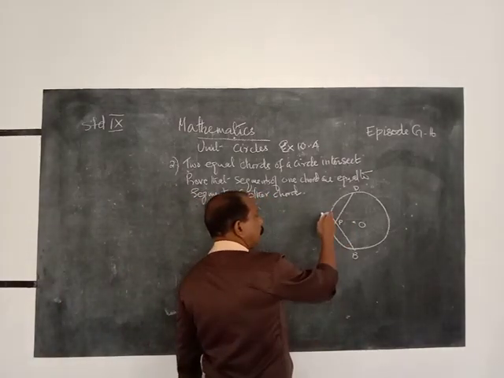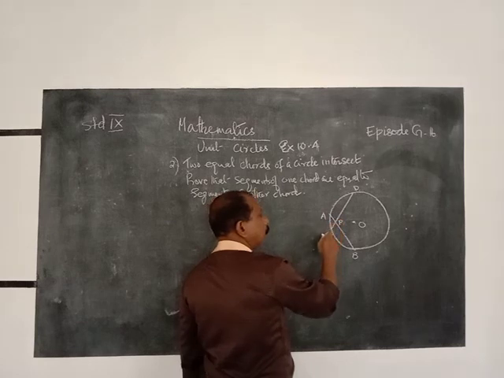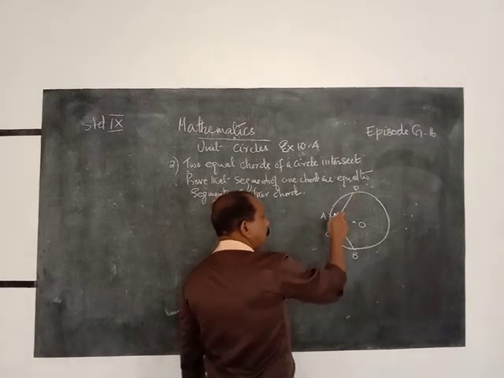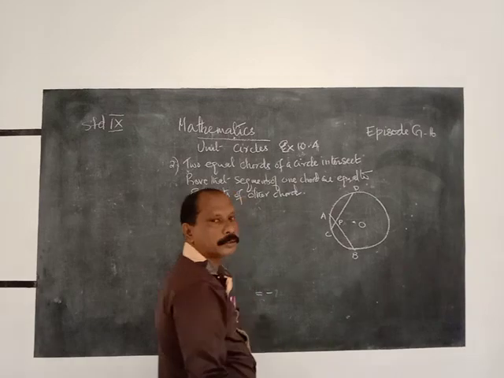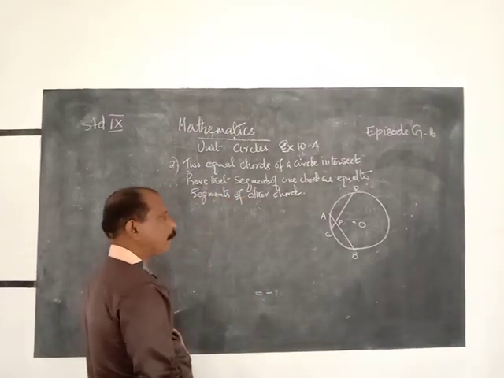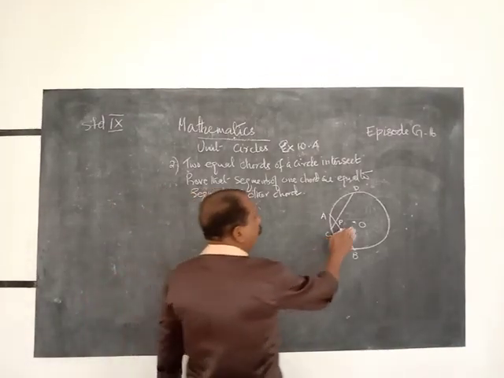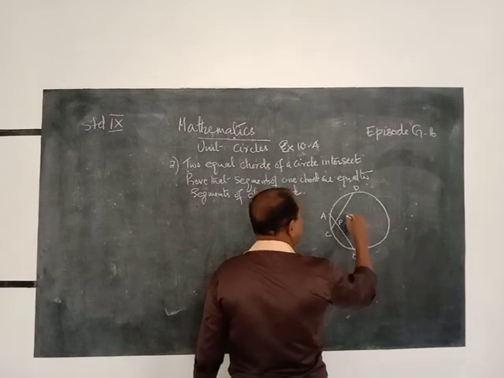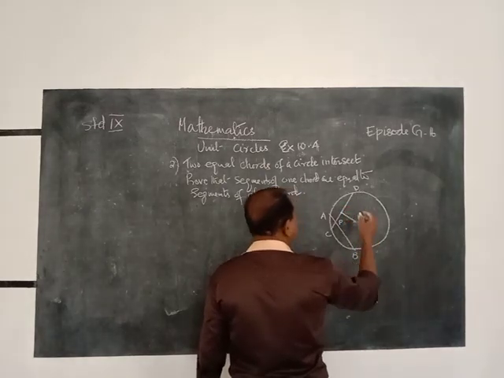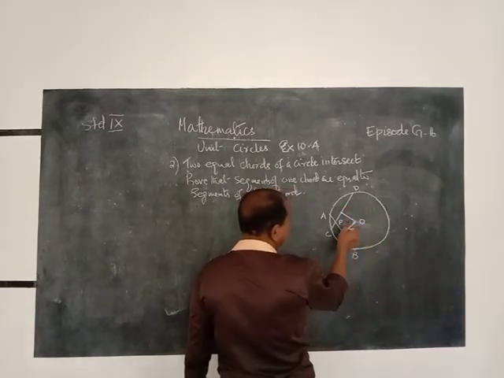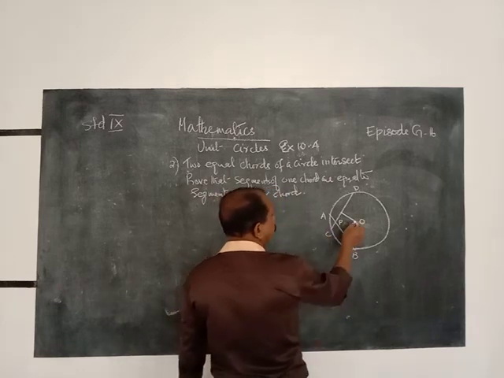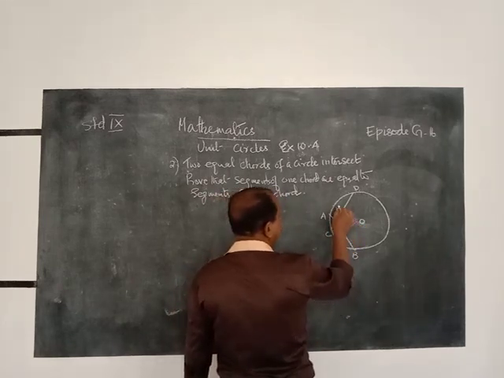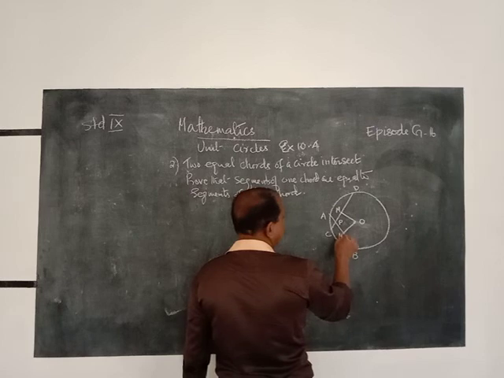Prove that AP is equal to CP and also DP is equal to BP. This is the question. Okay. Then we know that this is the center of the circle. This is the perpendicular to the center. This is the perpendicular to the center. Therefore, M and N are the perpendiculars to the center.